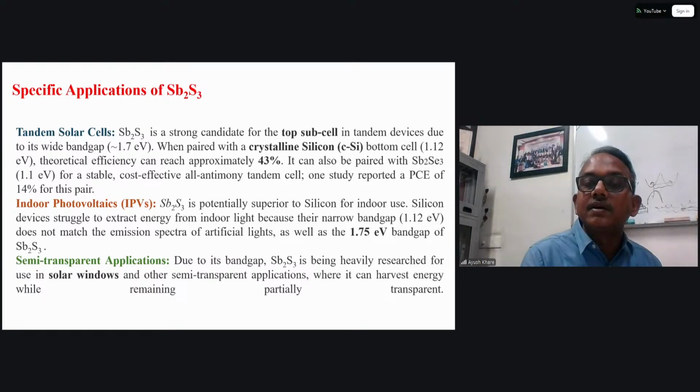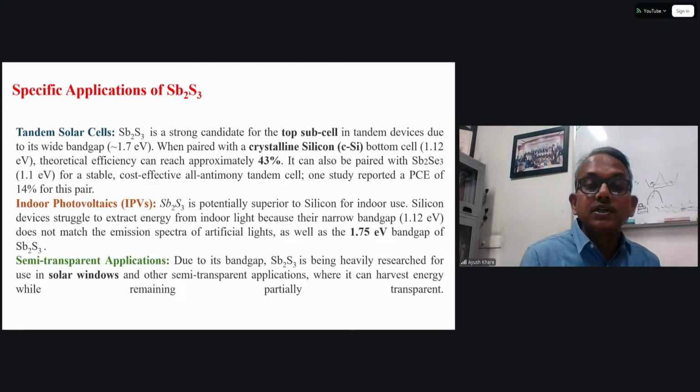In the same category, there are going to be indoor photovoltaics, which absorb a good number of photons even in low light. Sb2S3 cells can be a part of that also, and they can offer semi-transparent applications because of their band gap.